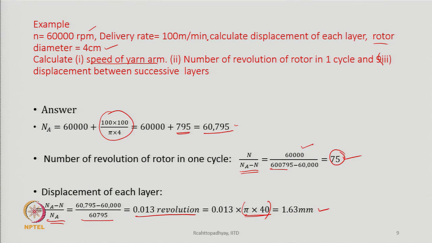That is, each layer is behind the previous layer by only 1.63 mm. That is the difference between the layer ends, which is very, very little.